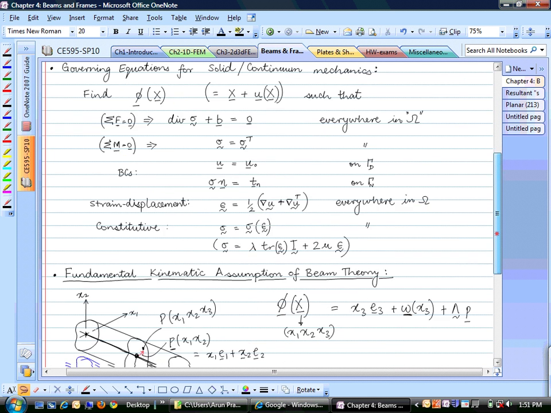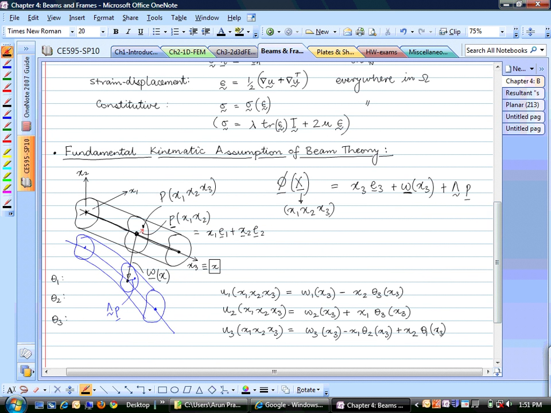Here, the only unknowns are this W and this rotation tensor. So if we can find out where the centroid went, and the rotation of individual cross sections, that's it. We don't need to find out the entire field at each and every point in this domain.